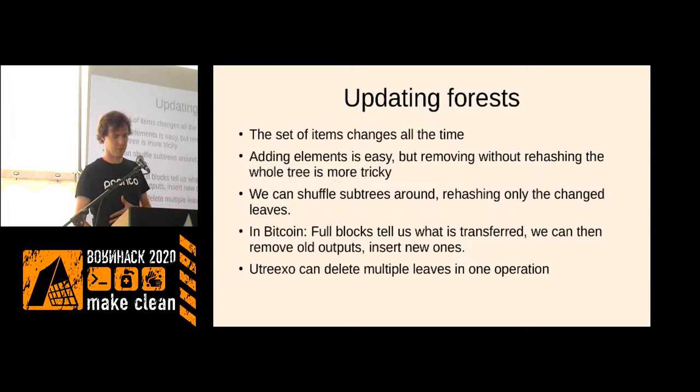So the second last bullet point is what I hinted at earlier. Full blocks tell us all the data, right? So we download the full block, and then we can manipulate that accumulator. And then you say, okay, if we need to download the full block, what's the point of all this? Then we could just download all of it and sync like a normal Bitcoin node does now.